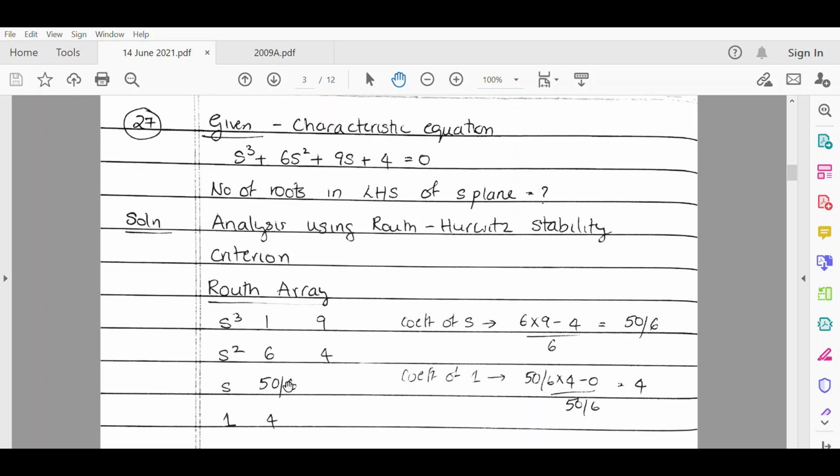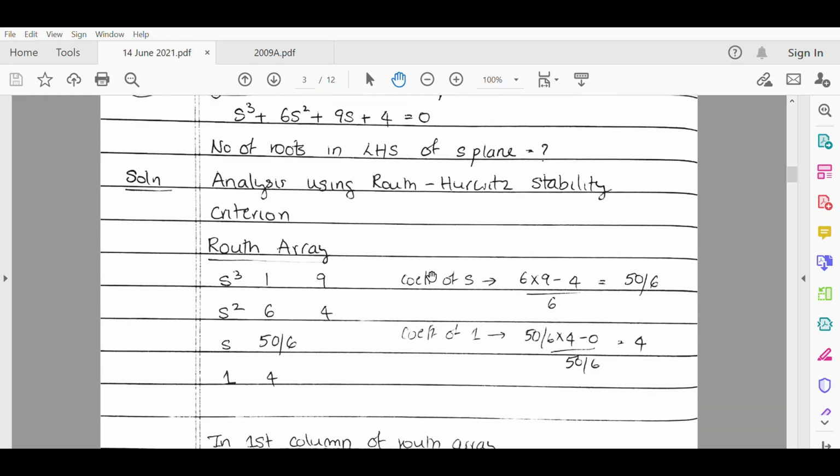We do (50 divided by 6 into 4 minus 6 into 0) divided by 50 by 6. The value over here is null, so that is why we get it as 0 divided by 50 by 6. So that is what has been written over here, and in the fourth row we get the element as 4.